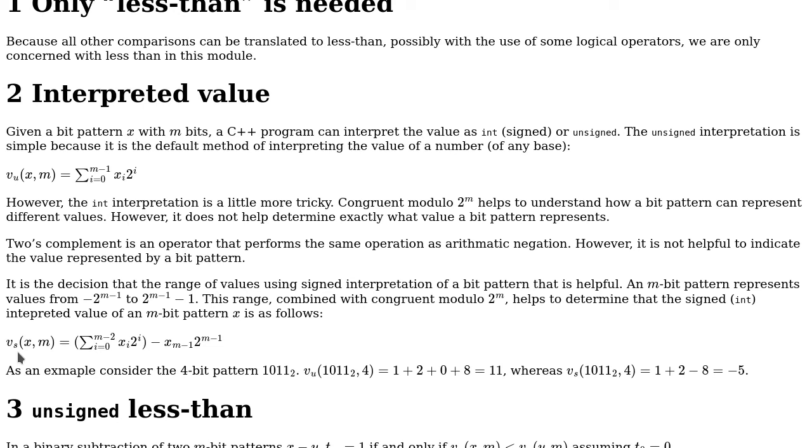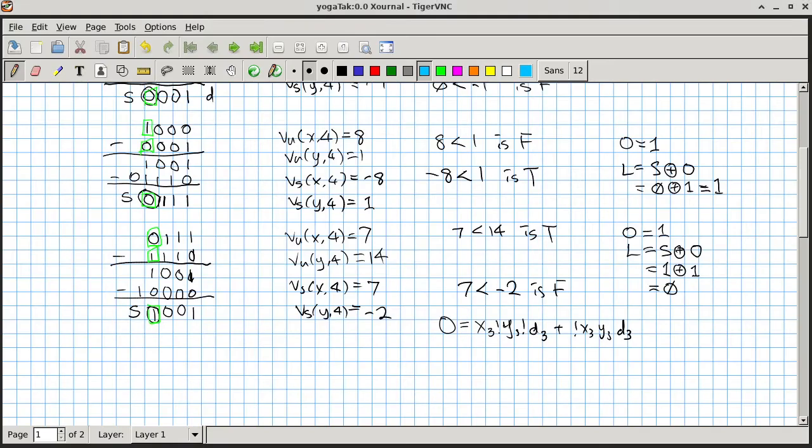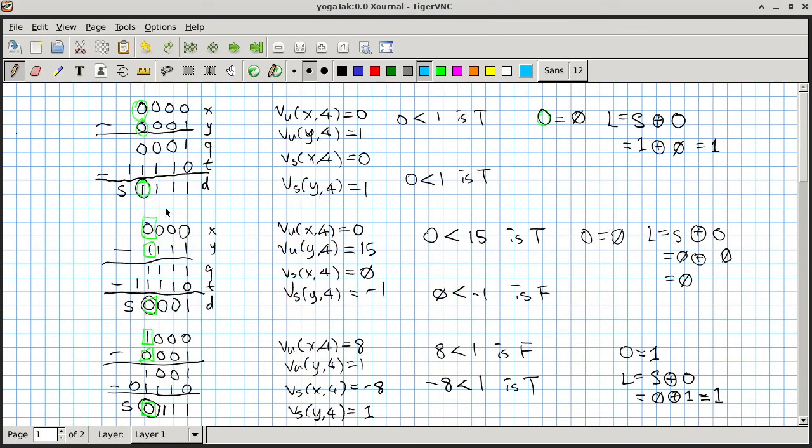Okay, so now let's take a look at the signed interpretation of a value and see how it can represent negative values. So I'm switching back. Oh, nope, nope. This is the one that you can see, and this is where I can scroll. So we're going to go back to the 1111. So we're looking at Y, which has a bit pattern of 1111.